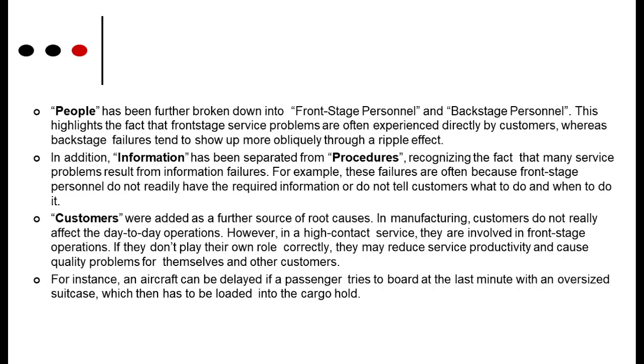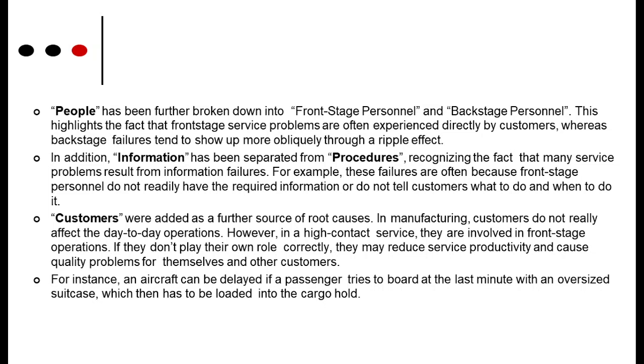In a restaurant service, in addition, information has been separated from the concept of procedures, because procedures could be a service procedure. There could be a failure in the procedure where we know that as soon as the person walks into a restaurant, he is supposed to be greeted by the receptionist and shown his table, or in a hotel, shown his room, provided the key, and then he does the check-in, takes his ID card, puts the entry into the system, and whatever process happens after that is a procedure or a process.